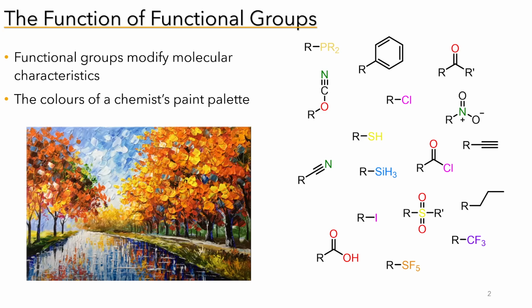So as chemists, we are intimately familiar with the many roles that functional groups can play. They can dramatically affect the reactivity and physical properties of molecules, and in a way, you can think of them as the colors of a chemist's paint palette.